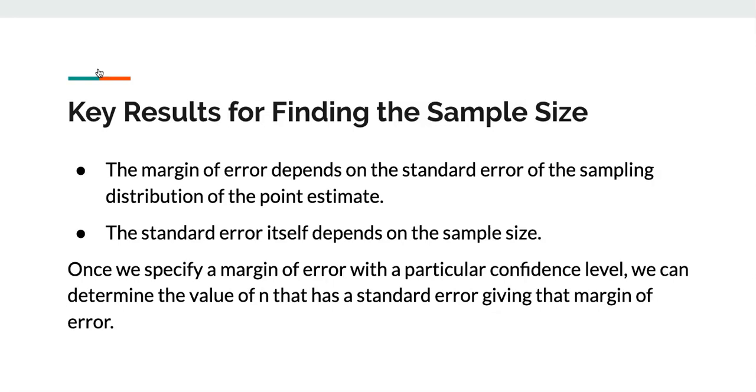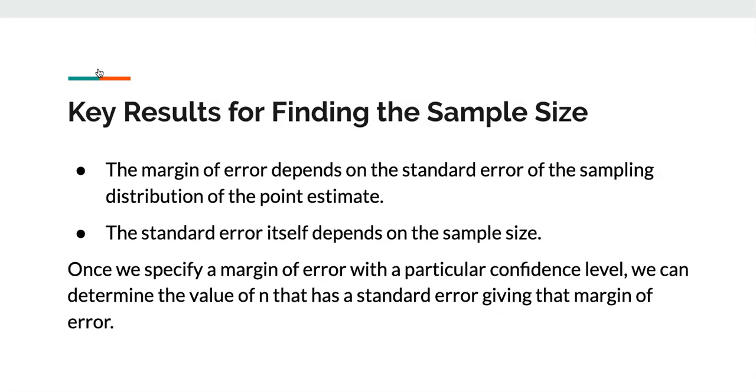Now, how did you make your confidence interval? You have that point estimate in the middle, right? That's your best guess. And then you added a margin of error or subtracted a margin of error to get the lower limit and the upper limit of the confidence interval. And how we found that margin of error was by multiplying the corresponding z-score or t-score by the standard error.